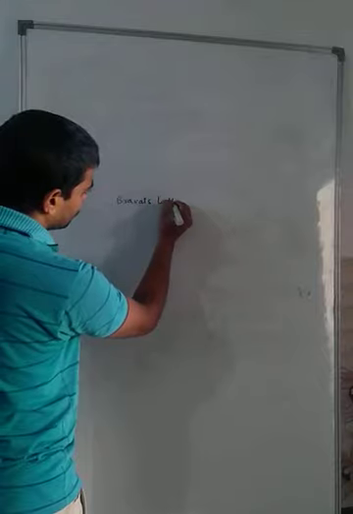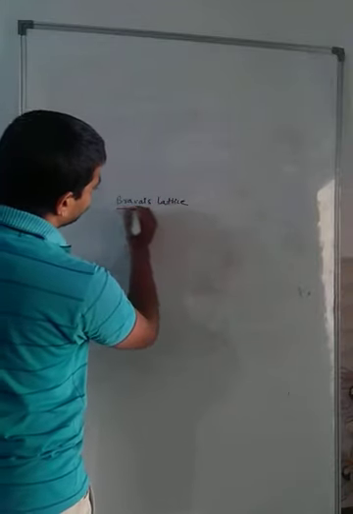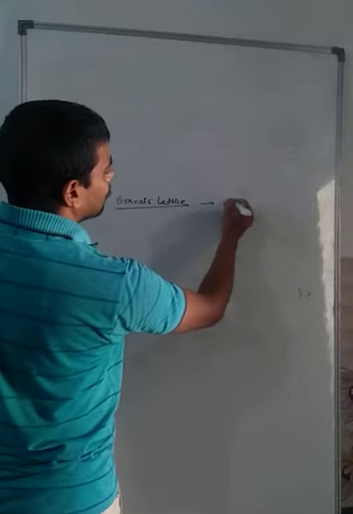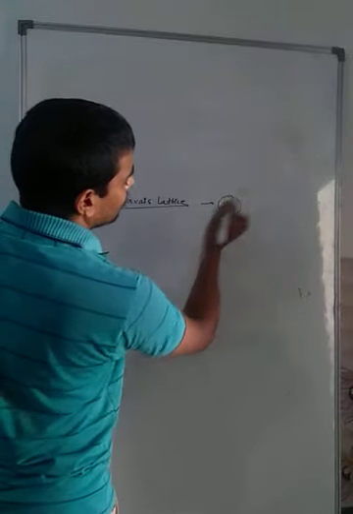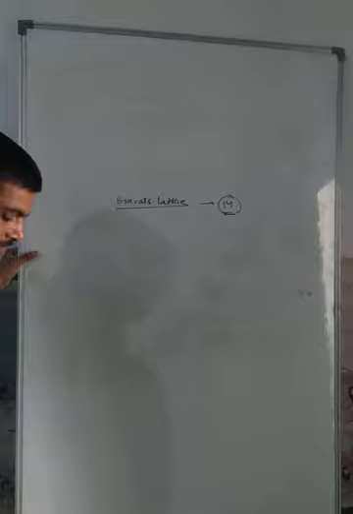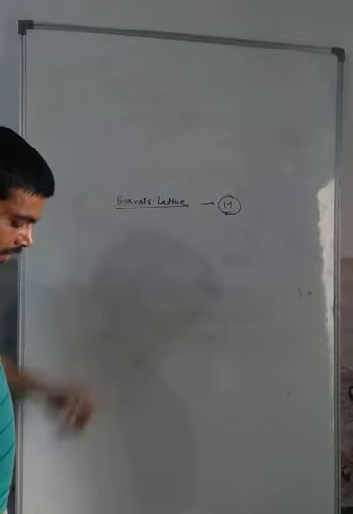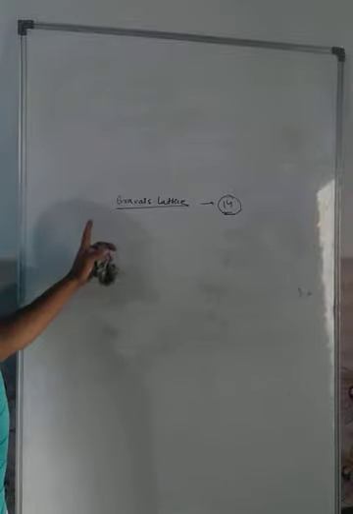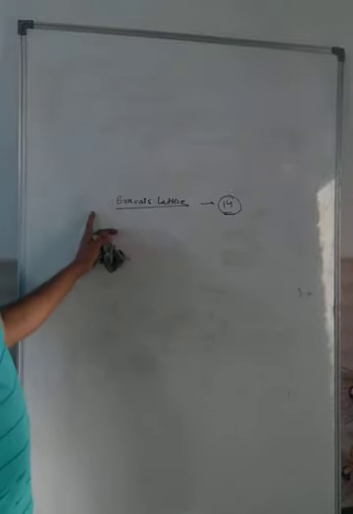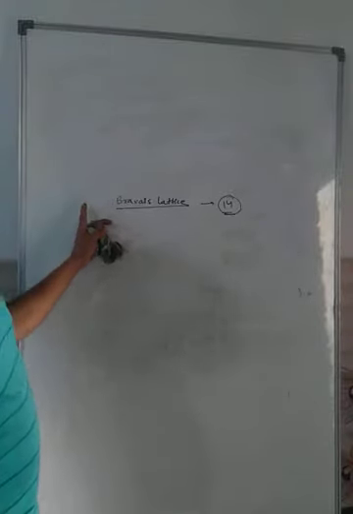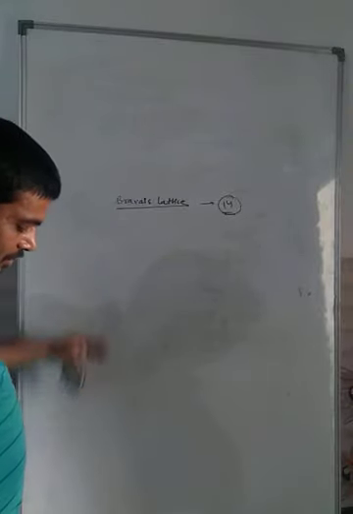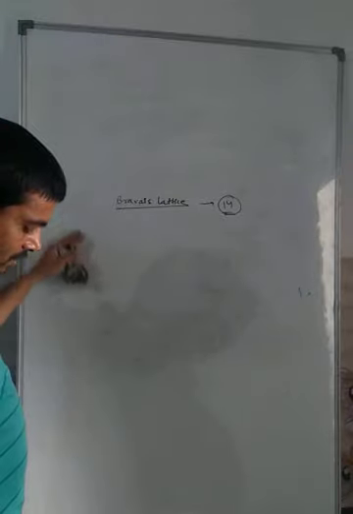All the crystals are divided into these 14 Bravais lattices, and all the crystals present in nature are part of this type.